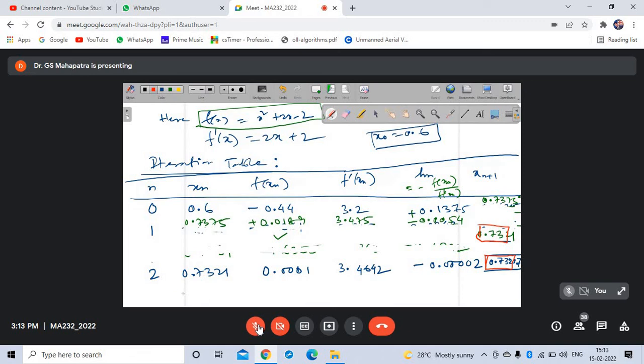So therefore we can stop here. Since the second and first iteration give the same result, the recorded solution or recorded root of the equation is x equals 0.732, correct up to 3 significant figure.